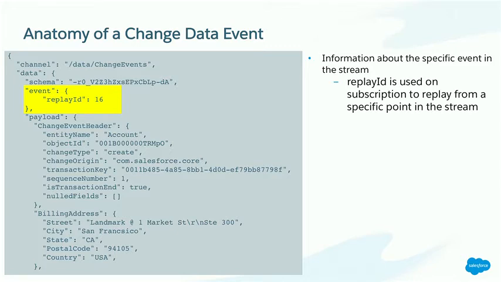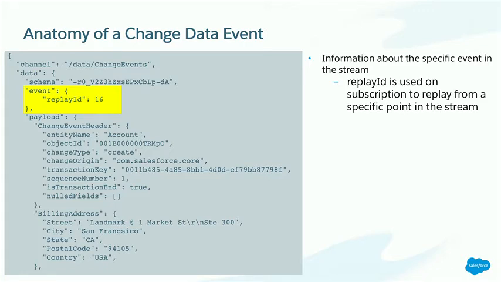For instance, if you have 1,000 events in the system in that time window, maybe the first event is 100, and the last event is 1099, whatever 100 plus 1,000 is. If you approach and say, I want to subscribe at 1,000, we'll send you every event that happened after that replay ID. So if your client goes down, as long as you retain that event ID state, you can always resubscribe and get up to the tip of the queue again.